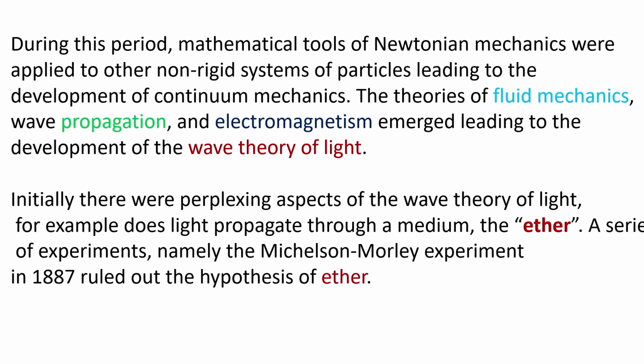The most important of those experiments was performed by Michelson and Morley in 1887, which completely ruled out the hypothesis of ether. In fact, now we know that the majority of the space that light travels from the sun to the earth is devoid of any atmosphere, a total vacuum.